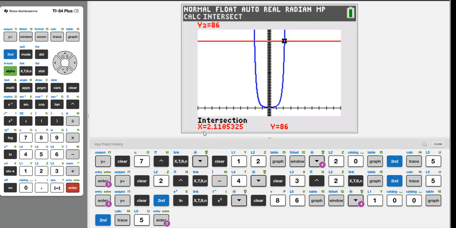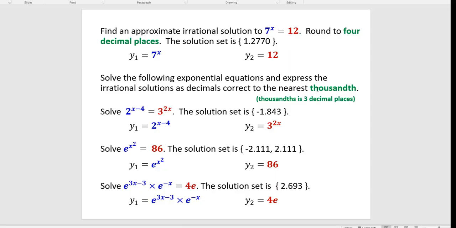Note the intersection at x equal to 2.1105325 at the bottom of the screen. This problem asks for an answer with 3 decimal places. Rounding to 3 decimal places, our first answer is 2.111.